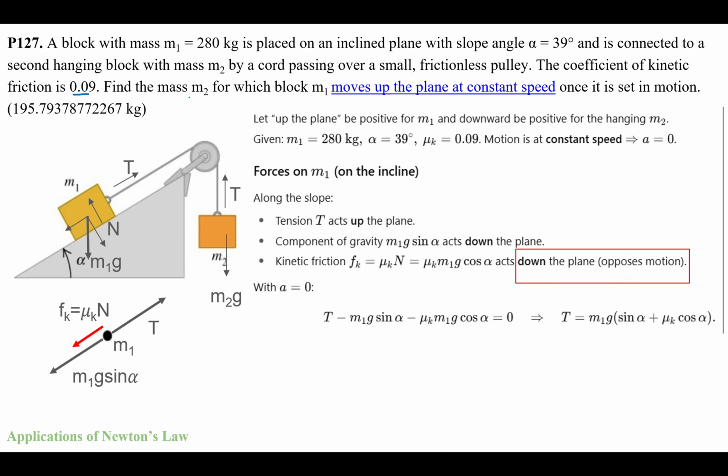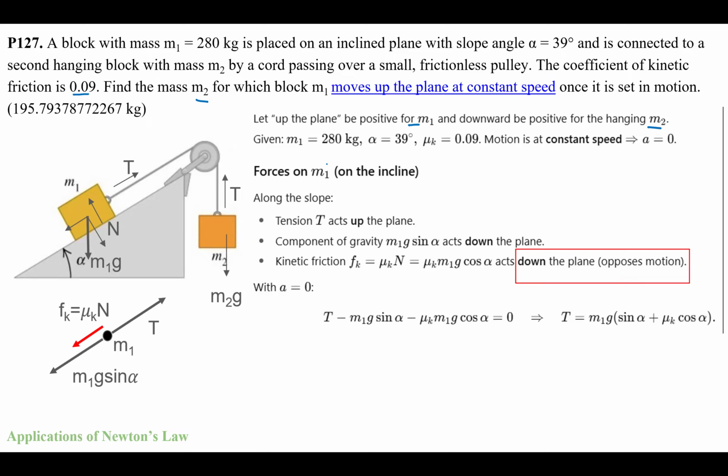Find the mass M2 for which block M1 moves up the plane at a constant speed once it is set in motion. Let up the plane be positive for M1 and downward be positive for the hanging M2, because they are the same directions.